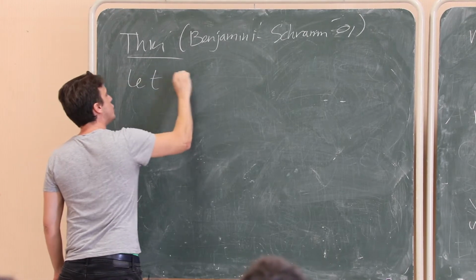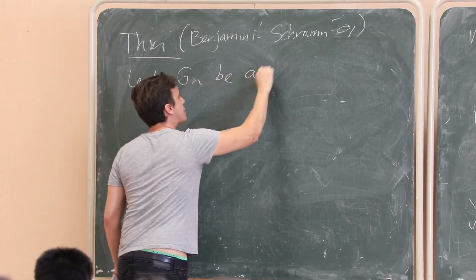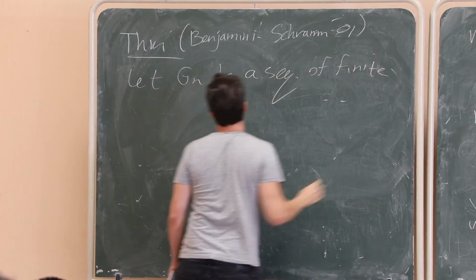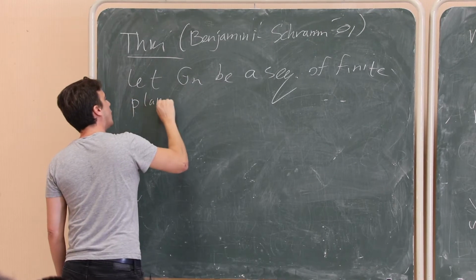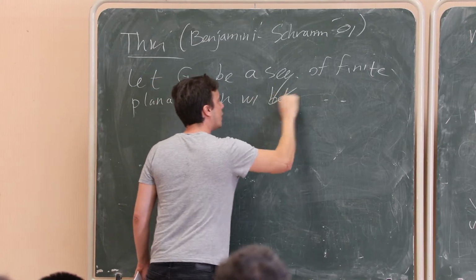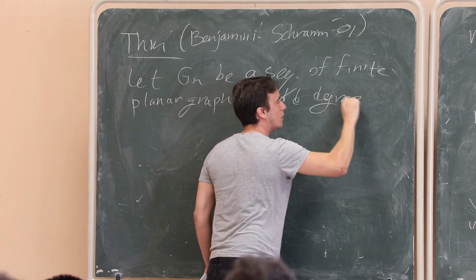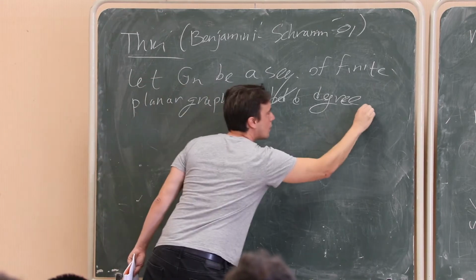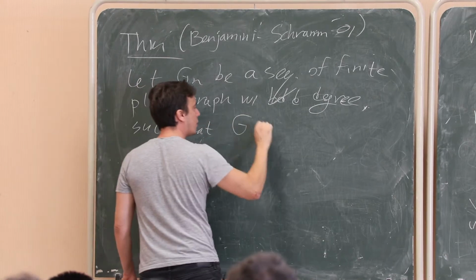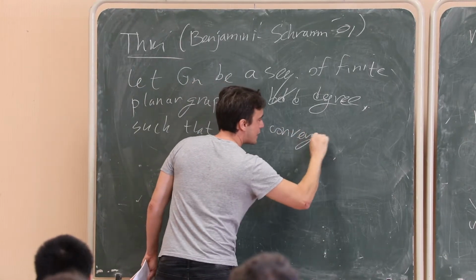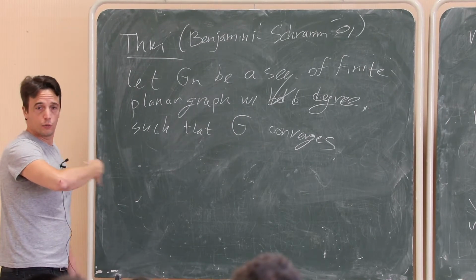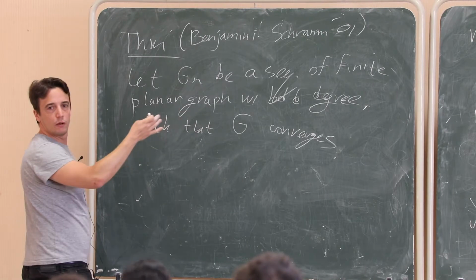Let G_n be a sequence of finite planar graphs with bounded degree such that G_n converges, locally in this sense, to some infinite random rooted graph.